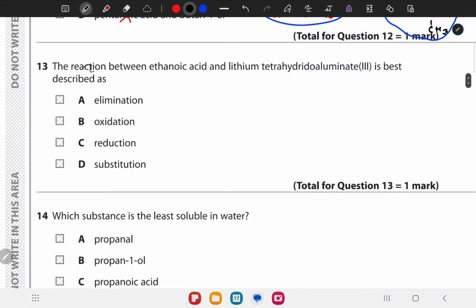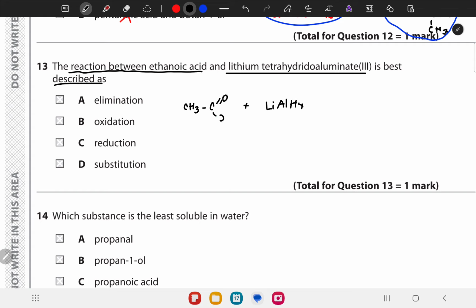Now in question 13, we are told that the reaction between ethanoic acid and lithium tetrahydridoaluminate(III) is best described as. Lithium tetrahydridoaluminate(III) is LiAlH4. Ethanoic acid is CH3COOH.